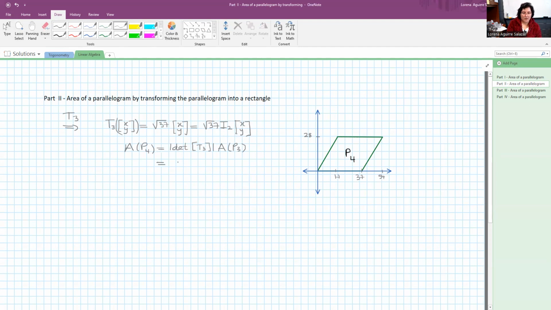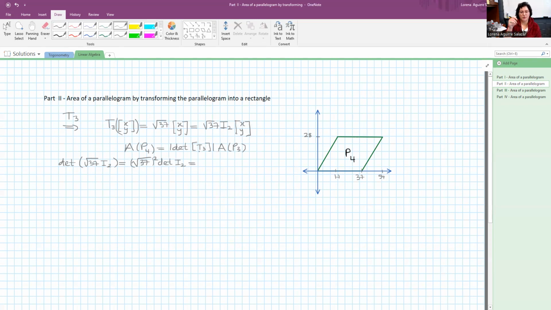So this is a determinant of root of 37 I2. So let's find it separately. Root of 37 I2. Because both rows of I2 are getting rescaled by root of 37, and the determinant gets rescaled every time, correspondingly we get root of 37 squared times the determinant of I2, and the determinant of I2 is 1.